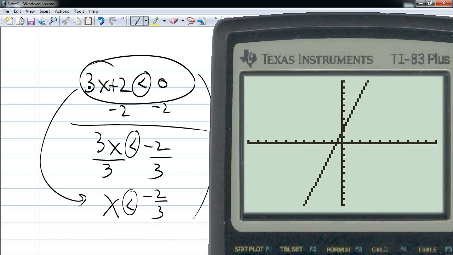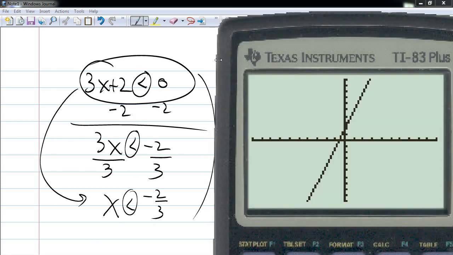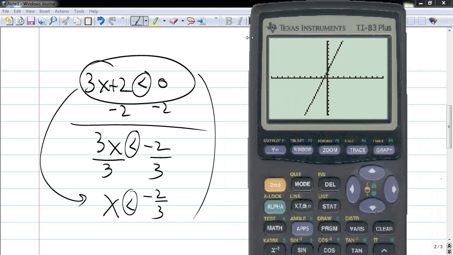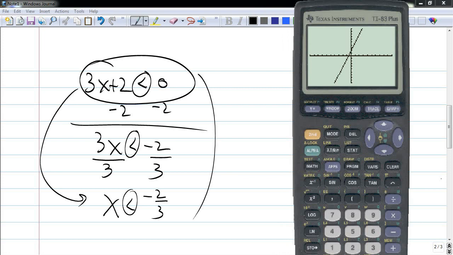Okay? So solving a linear inequality is not really about getting x alone so much as it is about trying to find out where this thing equals 0, because that's where it transitions from being above the x-axis to below, or vice versa. So this is where we want to look as far as where the expression is positive or negative.